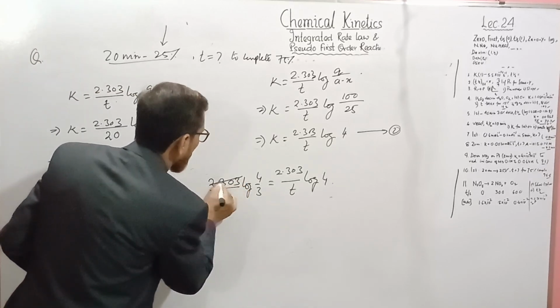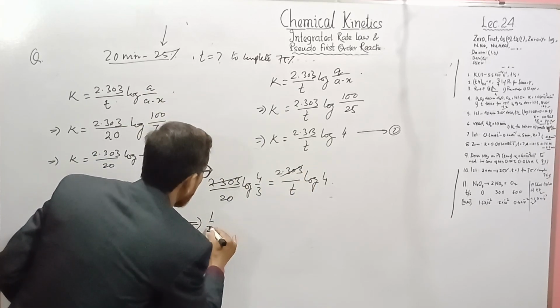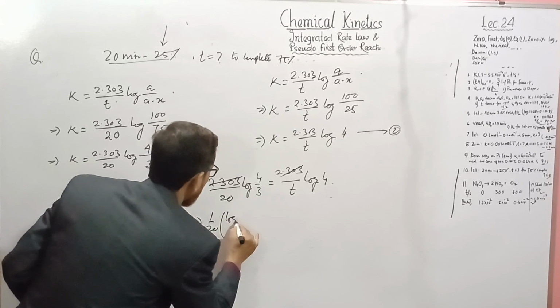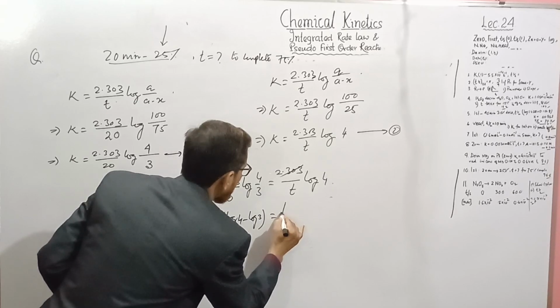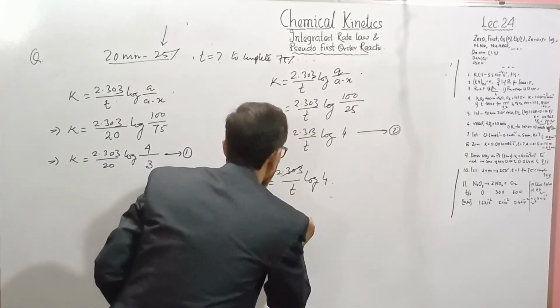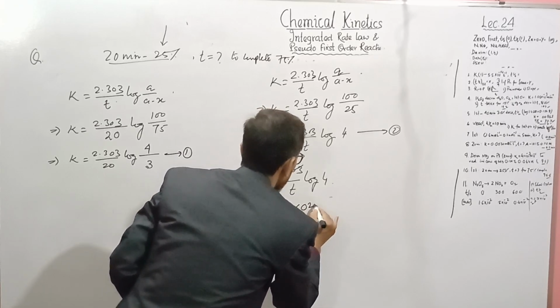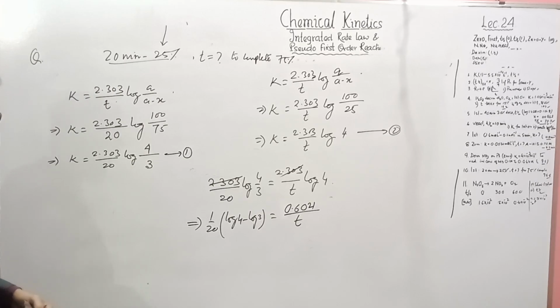So we'll get 1 by 20, and this is equal to log 4 minus log 3. It is known to you all. The value of log 4 is equal to 0.6021 divided by t. Am I right?